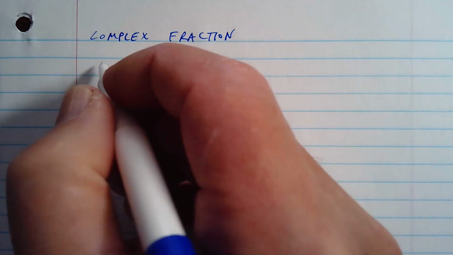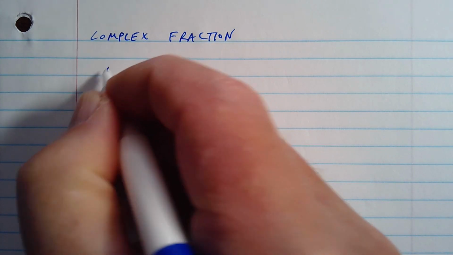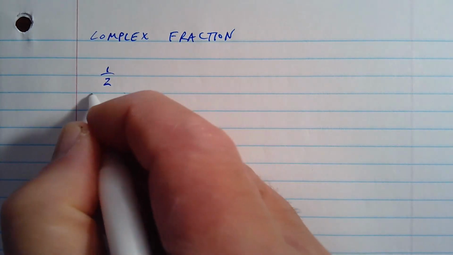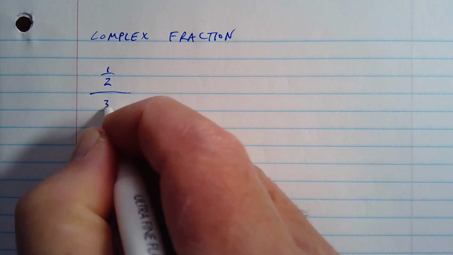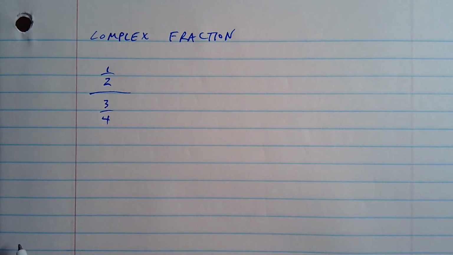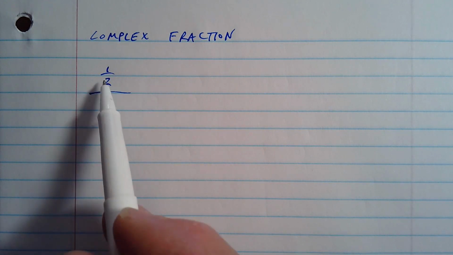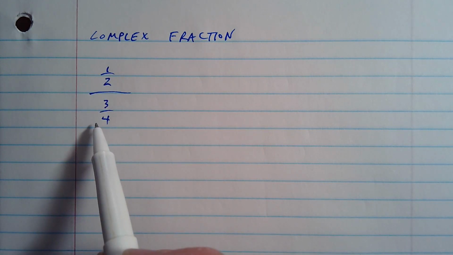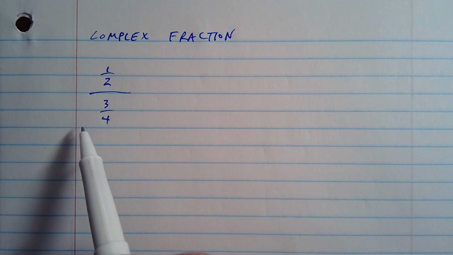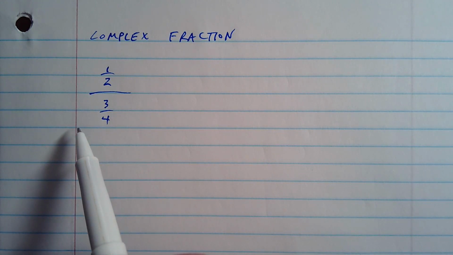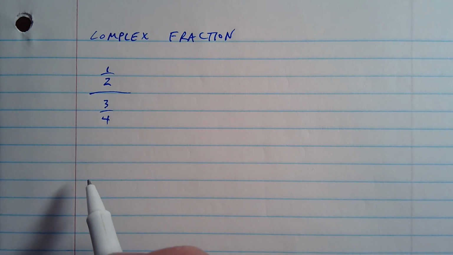And those are the types we're going to be dealing with here. So for example, what if I had 1/2 divided by or over 3/4? There I have a fraction in both the numerator and denominator. When there's a fraction in either or both, like this case, it's not considered simplified until you make it into a regular fraction. So there's a couple ways to do this.